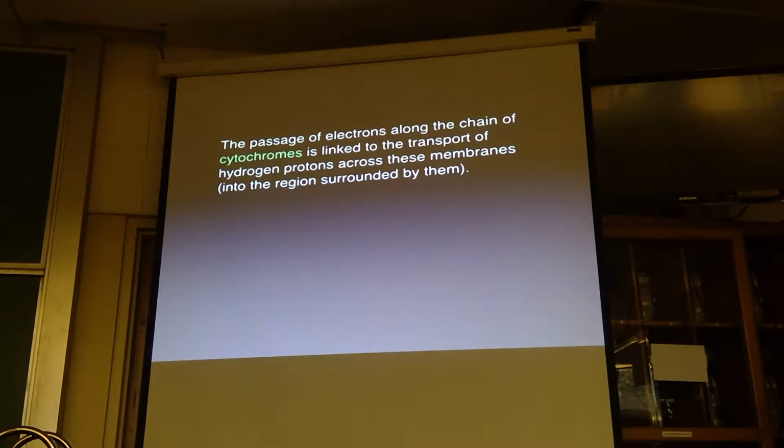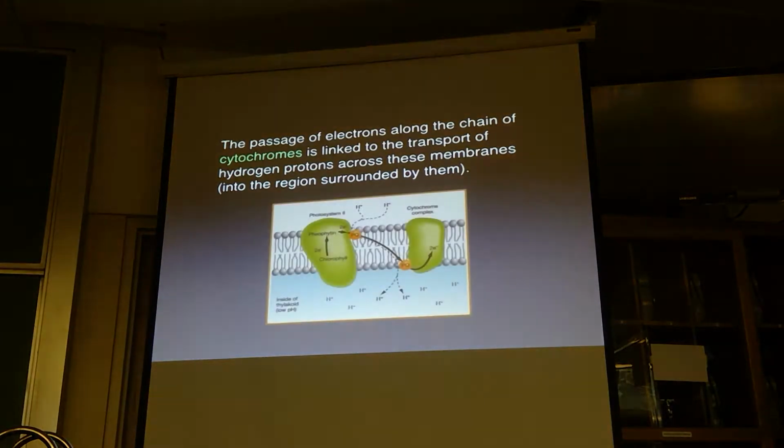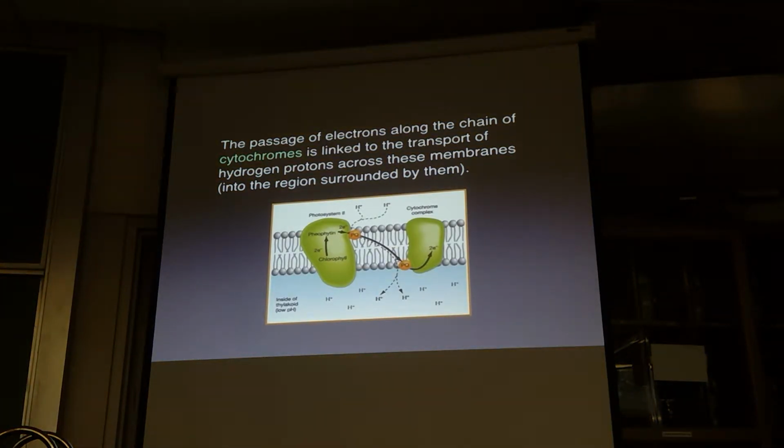What you don't see is that the cytochromes are in the membranes and that those are going to be moving hydrogen protons through the membranes. So you just have to remind yourself that. So there you see the chlorophyll molecule passing electrons and also moving protons through the membrane.